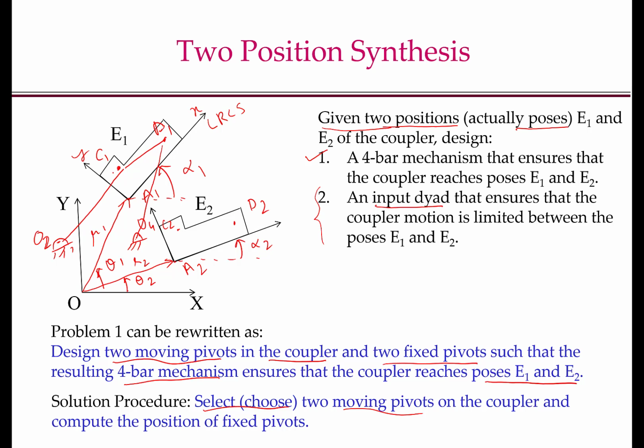Note here that the moving pivot C will always lie on a circle with center at O2, and the moving pivot D will always lie on a circle with center at O4. So the location of the fixed pivot O2 depends only on the choice of C, and the location of the fixed pivot O4 depends only on the choice of D.